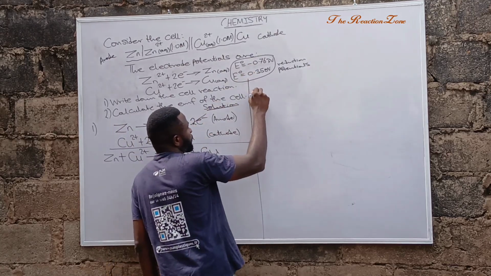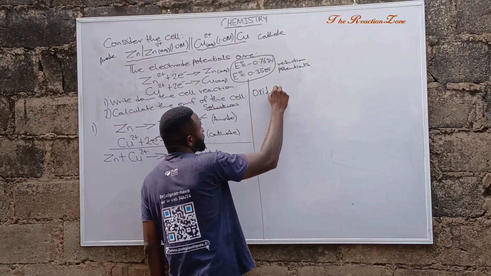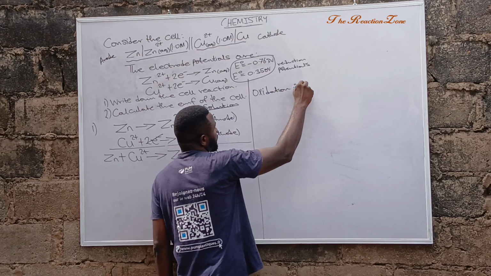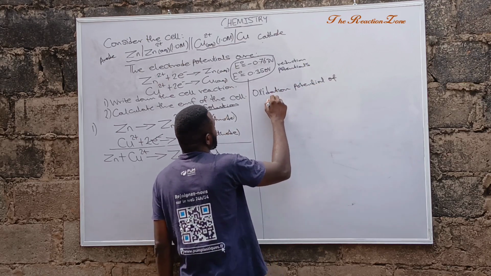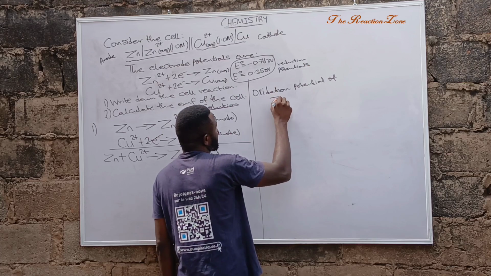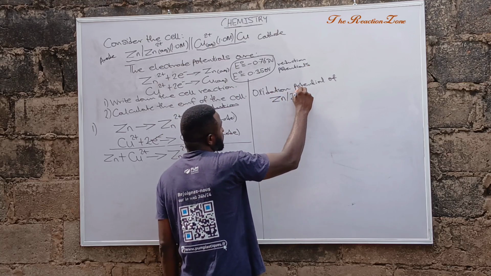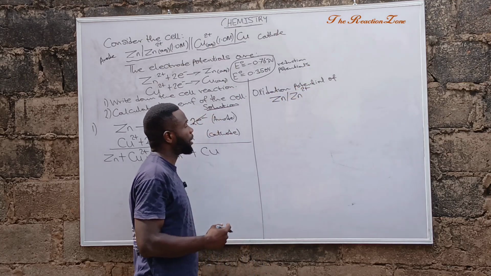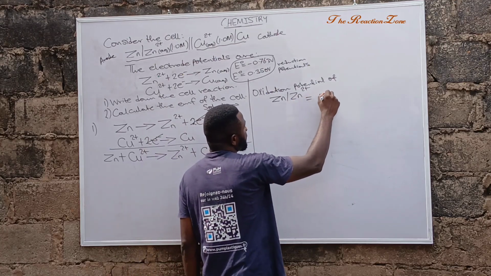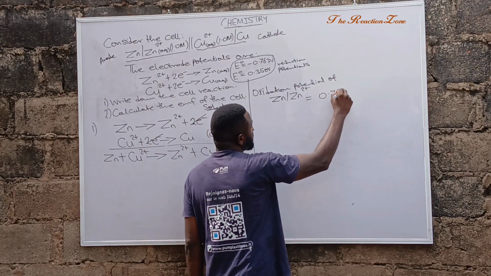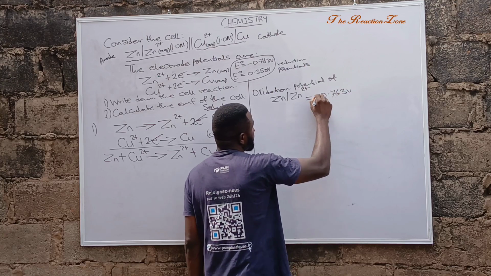So, it means that the oxidation potential of Zn2+, which is the zinc half cell, is simply going to become 0.763 volts.